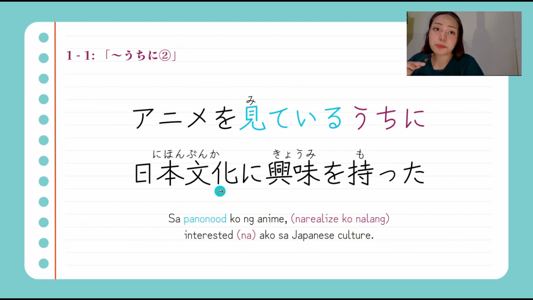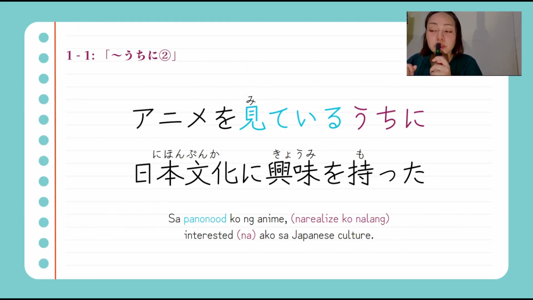So, panonood ng anime, we have anime o mimasu. As I have told you, doon sa unang video, na uchini, kaya sabi ko sa inyo, if hindi nyo pa yung napapanood, panoorin nyo muna yun. When you're using uchini with a verb, usually it is used with a negative form, but you can also use it with progressive forms. Pag sinabi natin progressive forms, ito yung te iru patterns, no? So, anime o miteimasu, gawin natin casual.